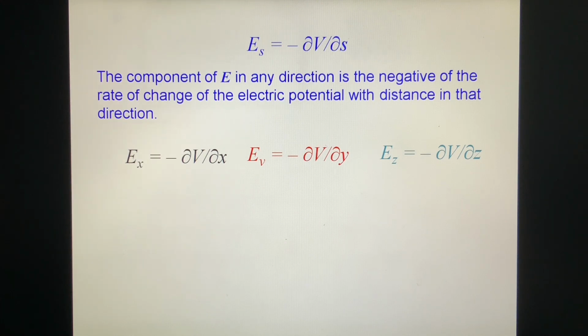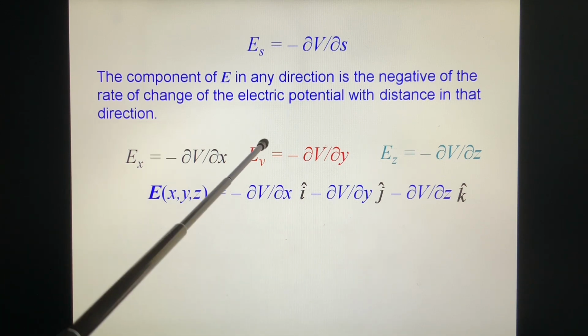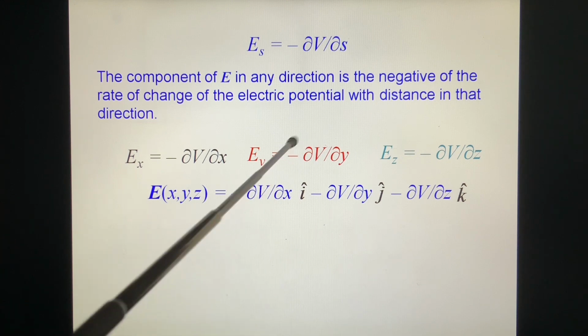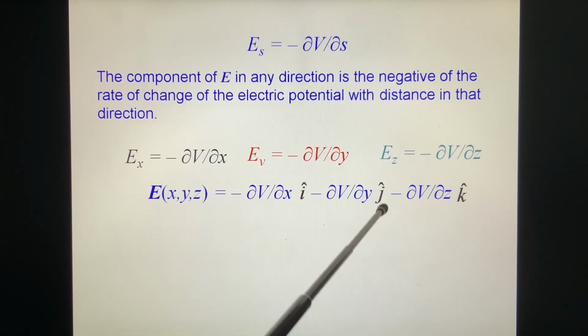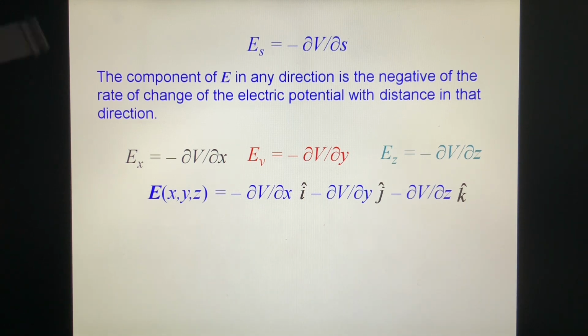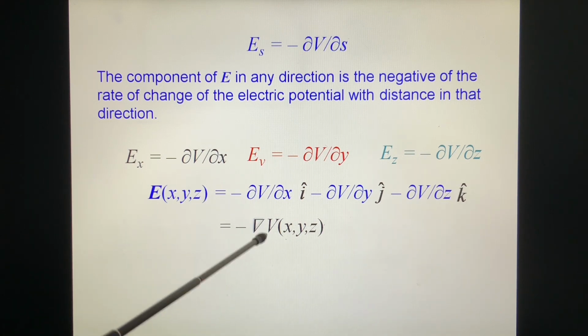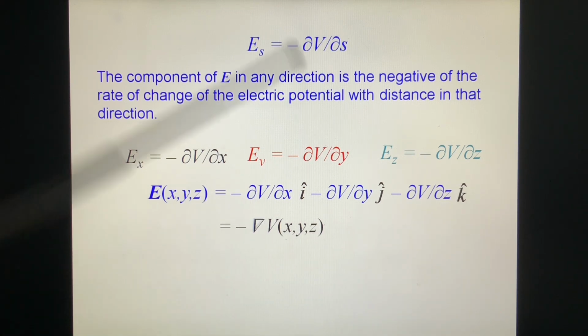We have three components, so E equals minus partial V partial x i, plus minus partial V partial y j, plus minus partial V partial z k. This is E. By mathematics, this is minus the gradient of V(x, y, z) by definition.